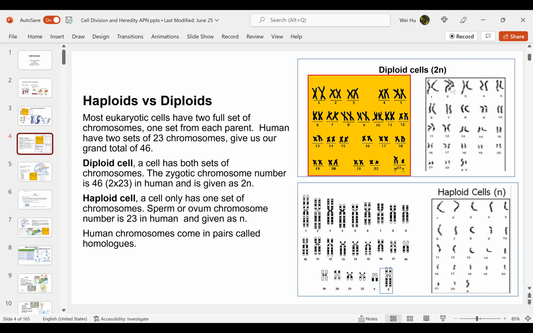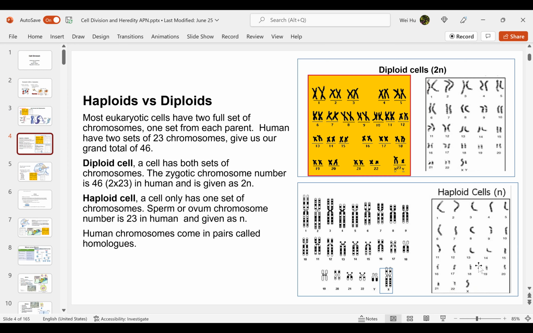Most of the time, your cells are non-dividing cells. This is called diploid because D means double, you have pairs. Whereas here it's called haploid cells, meaning only half the amount of chromosomes.